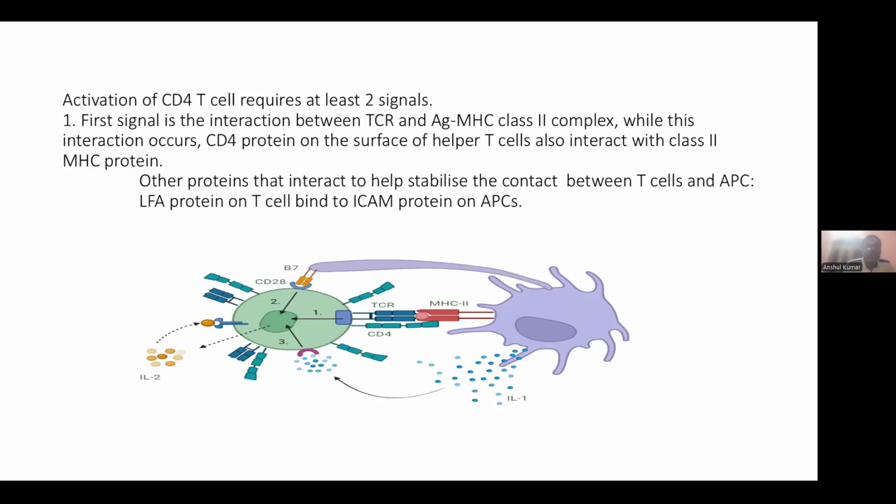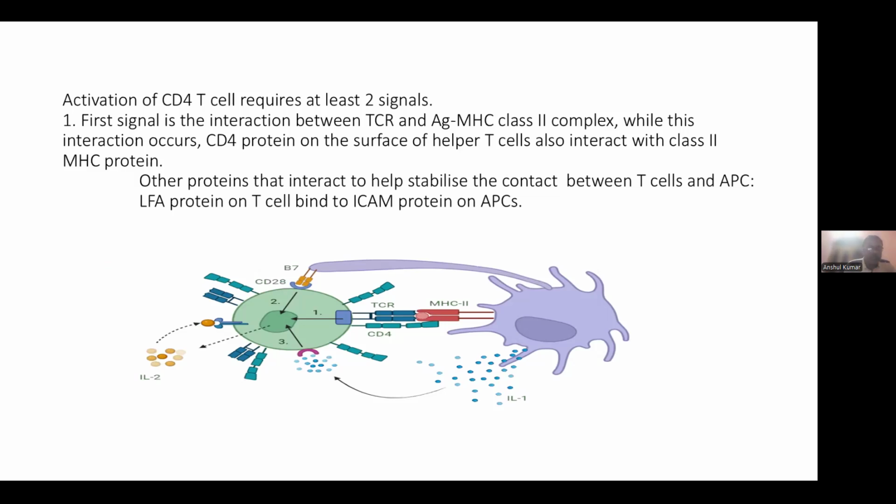While this interaction occurs, CD4 proteins on the surface of helper T cells also interact with class II MHC protein. Other proteins that help stabilize the contact between T cells and antigen presenting cells are LFA proteins. There is an LFA protein on T cells which binds to ICAM protein on antigen presenting cells, which helps in proper cell to cell adhesion.